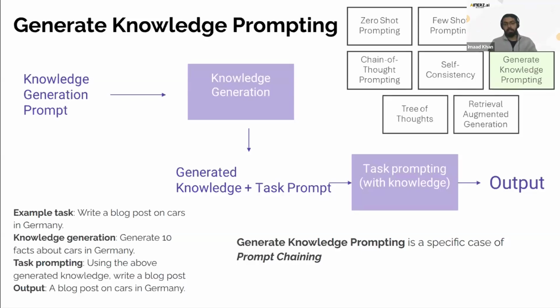So generate knowledge prompting is another popular technique, not very popular, but it's popular in the context of using AI agents. I don't know if you've heard of AI agents, but AI agents are like semi-autonomous units that perform specific tasks. In this case, what you generally try to do is create different AI agents that can specifically do a certain task.